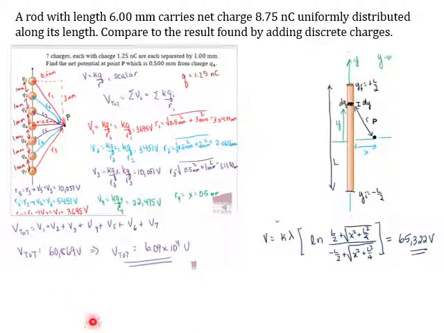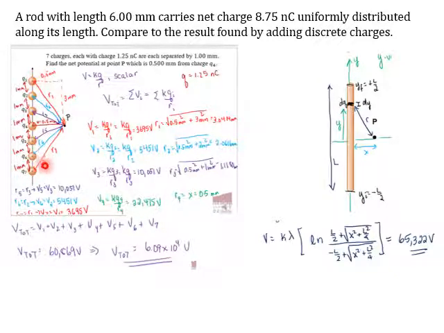Now, when I wrote this example that we just did, I picked my numbers quite on purpose. The rod we just did had a length of 6 millimeters and a net charge of 8.75 nanocoulombs uniformly distributed. We just found that the total potential was 65,322 volts. This has some things in common with the last set of discrete charges we did at the end of the last lecture.